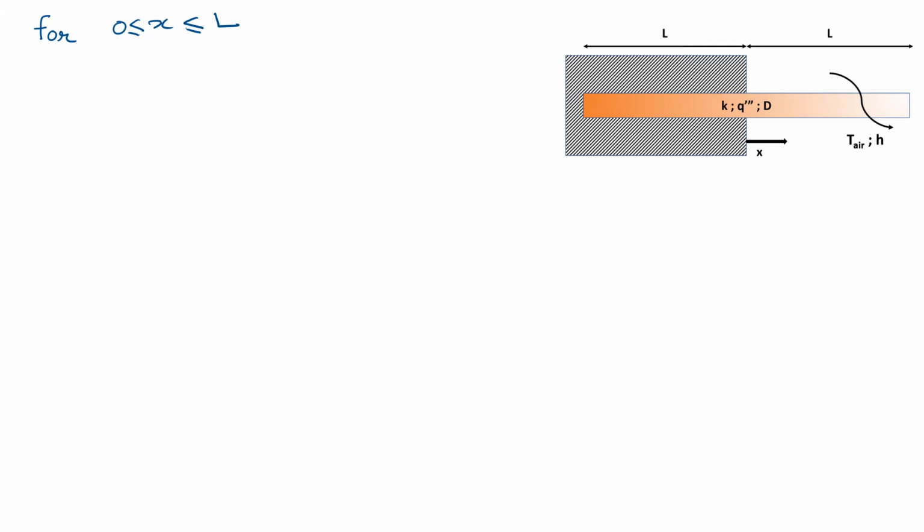So for x between 0 and L, which is the portion outside the insulation, we'll use the formula from table 3.4, and the formula given is theta divided by theta B equals e to the power minus mx, where m is your fin parameter and x is your location x, and e is the exponent.